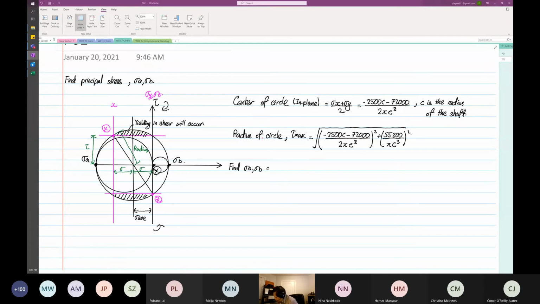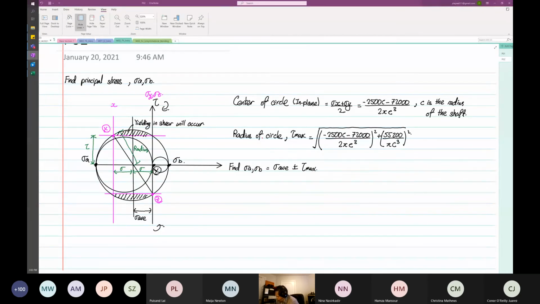To find the principal stress, it will be equal to stress average plus or minus tau max. So we have to ensure that stress A and stress B equal stress average plus or minus maximum shear, and we have to apply this rule.